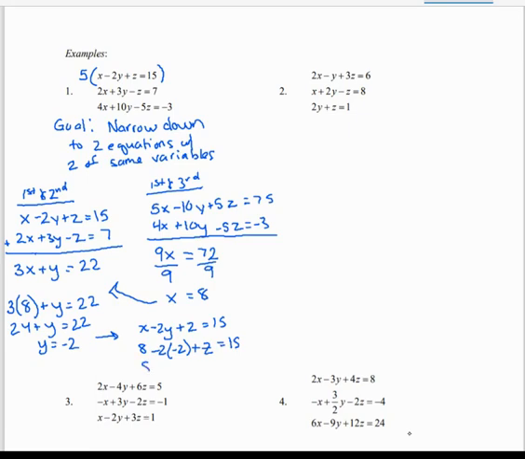This would become 8 plus 4. So I would subtract 12, and z would equal 3. Therefore, my solution is the ordered triple of my x value, my y value, and my z value. And there you have it.